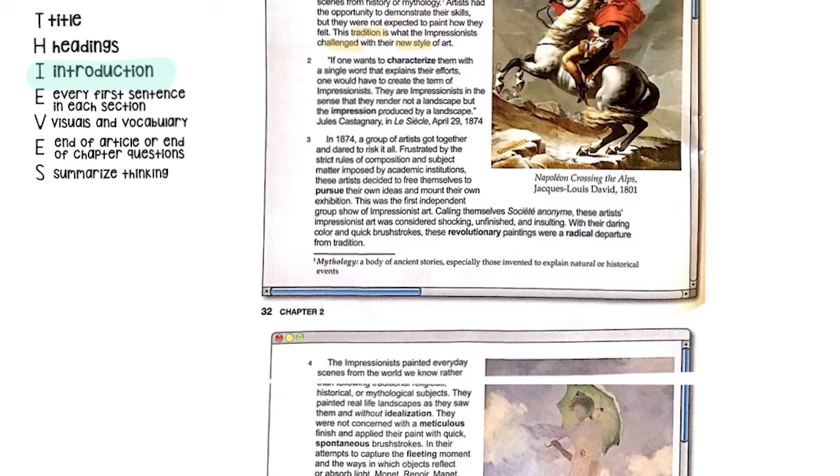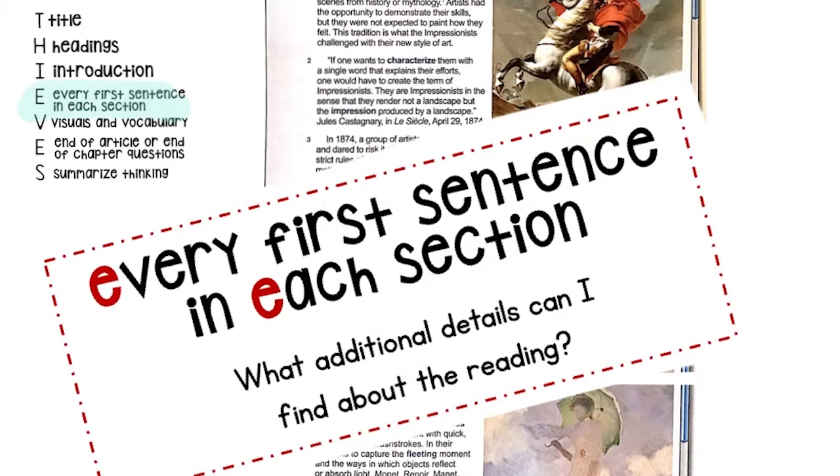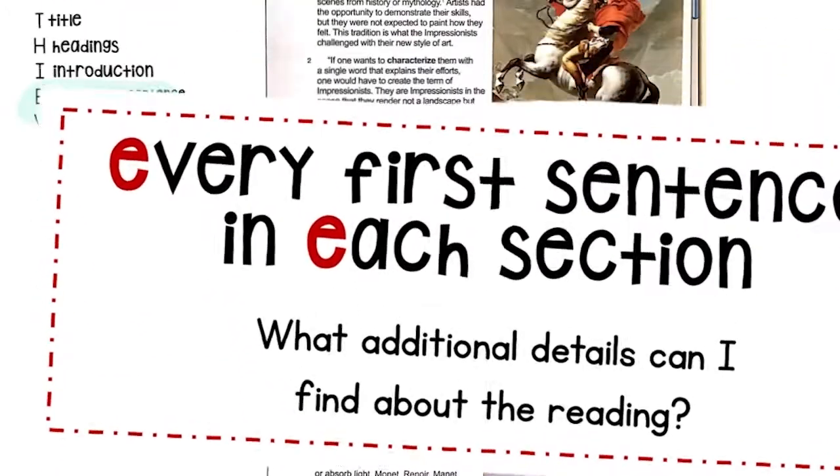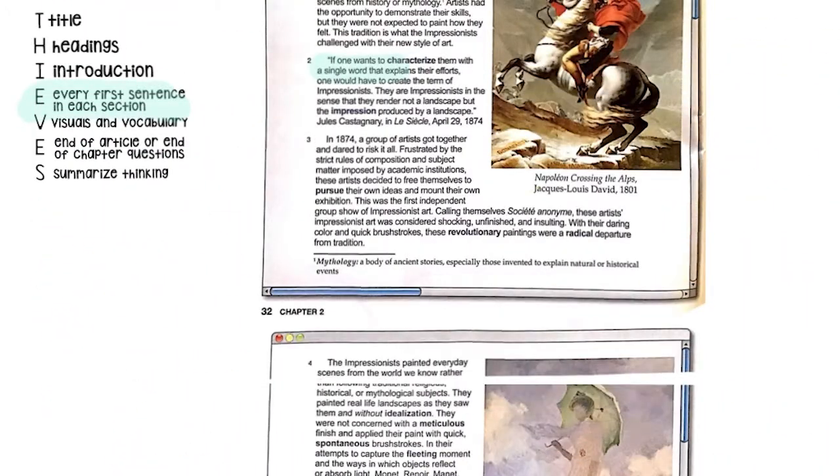Hey, just like the title says, right? Now it's time for more skimming with E for every first sentence in every section. The sections are not headings, the sections are just paragraphs. So I read this sentence, this sentence, this sentence, this sentence.